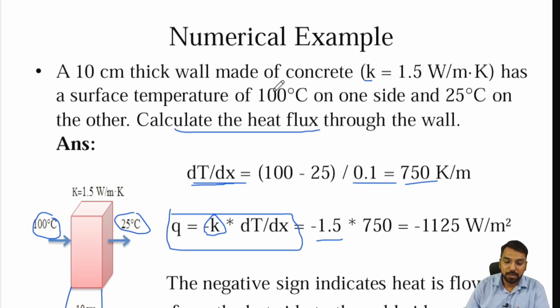The thermal conductivity of concrete is 1.5 multiplied by 750, which is the temperature gradient, in total minus 1125 watt per meter square as the heat flux. Heat flux means heat transfer per unit area. This we have just calculated by using the Fourier law.